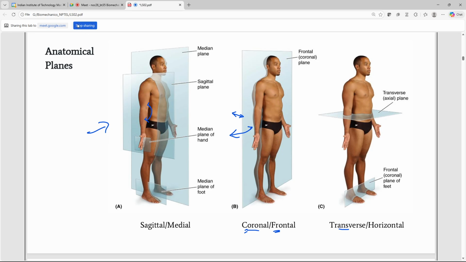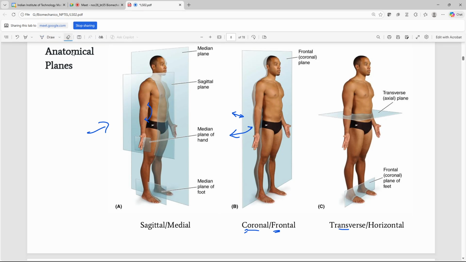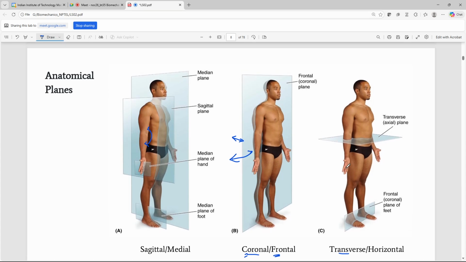Here the first diagram shows the sagittal plane, and we already have discussed the motions happening in the sagittal plane, that is extension and flexion of the elbow. So this is one motion happening in the sagittal plane. This particular motion is happening about an axis perpendicular to the plane, that is the sagittal plane.